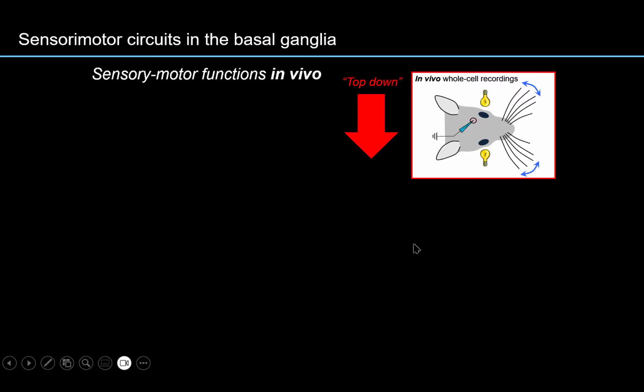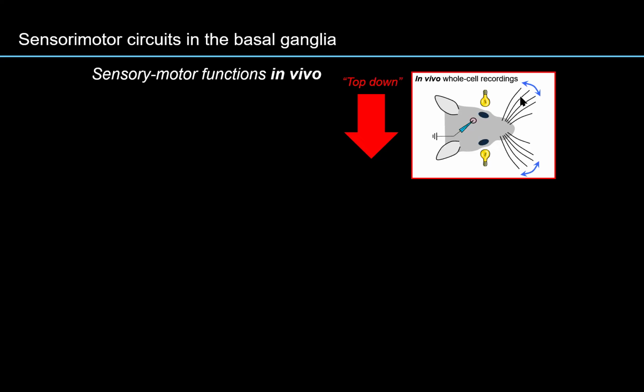We call them in vivo experiments, and we can record from individual neurons, like Paolo showed, using the whole-cell patch clamp method, where we can record both the activity of the neurons, the spikes, and the inhibitory and excitatory inputs that they receive. So we record intracellularly, and we can see all the synaptic inputs that they receive from many other cells in the network.